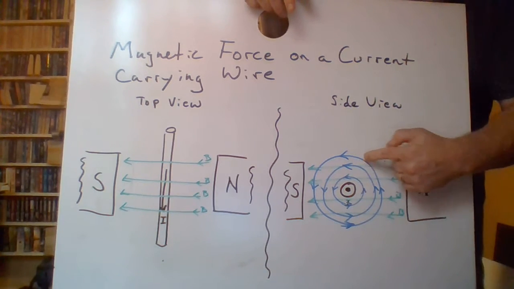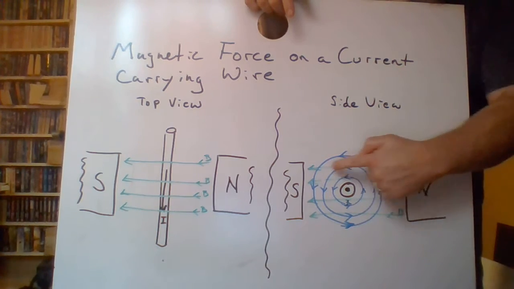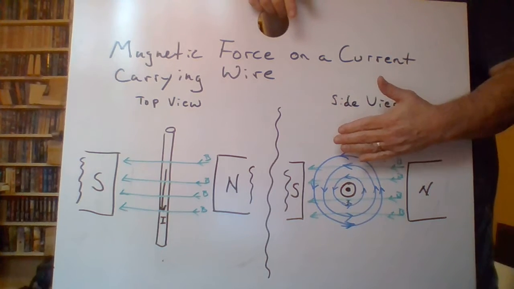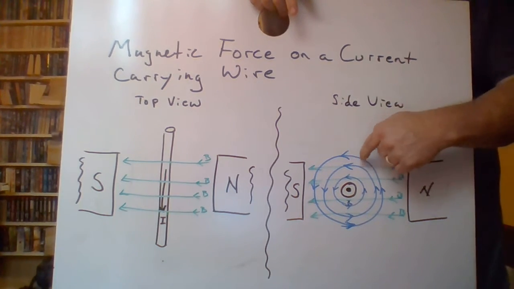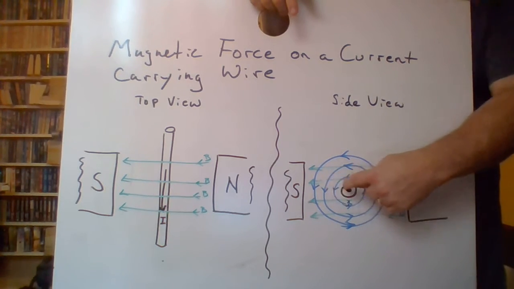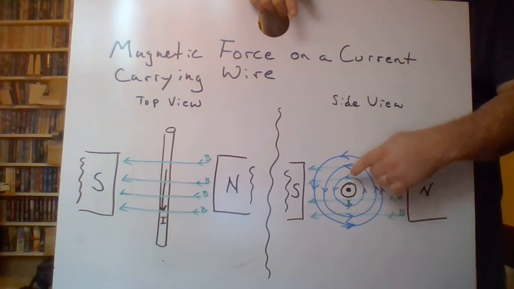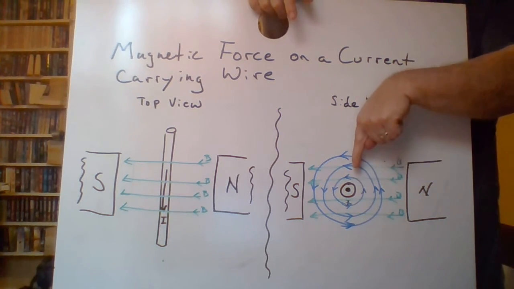Notice that on top, the direction of the blue and the direction of the green are in the same direction. If you have two magnetic fields that are in the same direction, then that creates a repulsion. So physically, there's no forces happening side to side, so the wire can't go side to side. But physically, it's attracted on bottom, repelled on top.